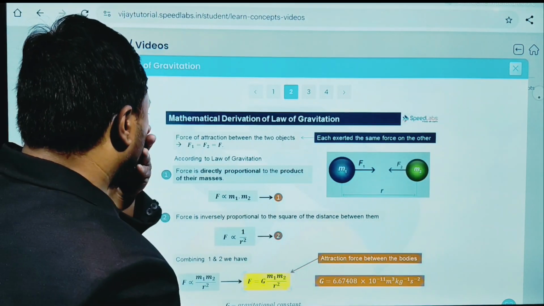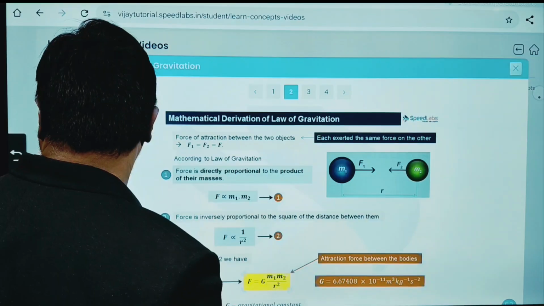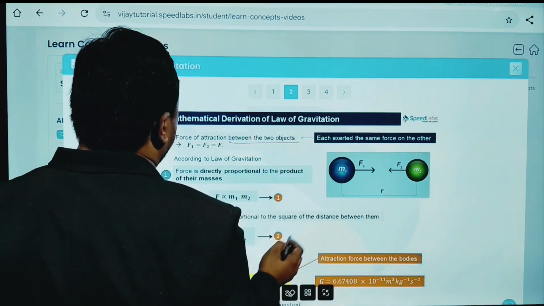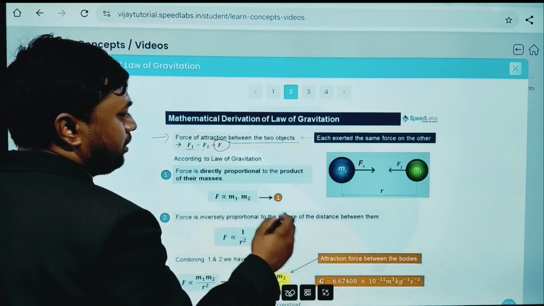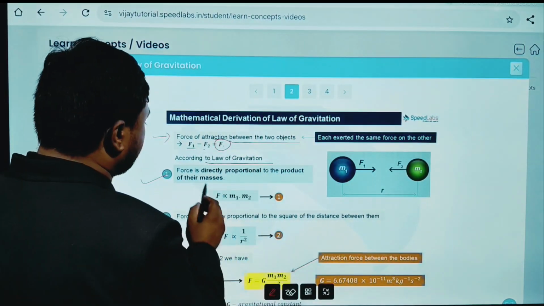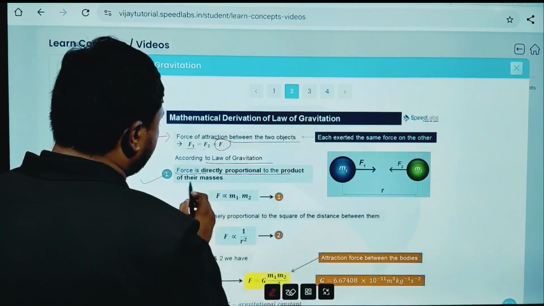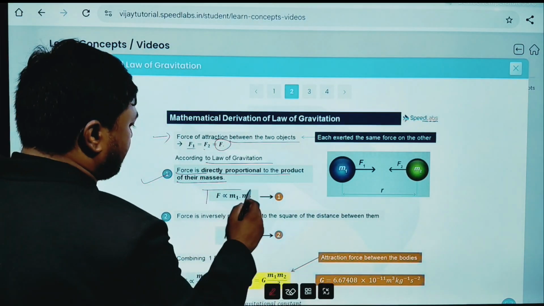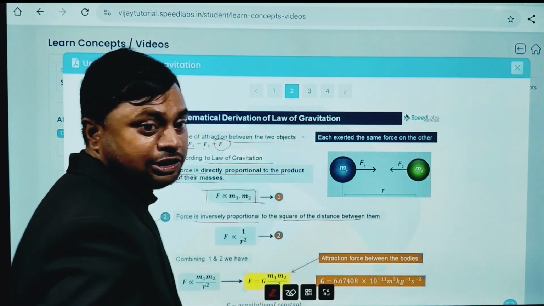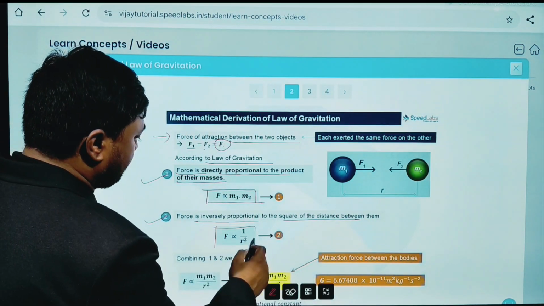Now you can see the mathematical derivation. Just now we derived that the force of attraction between the two bodies, F1 and F2, is equal to F, because both forces are the same. According to the law of gravitation, force is directly proportional to the product of their masses, that is F proportional to m1 m2, and force is inversely proportional to the square of the distance between them, so F proportional to 1 by r square.